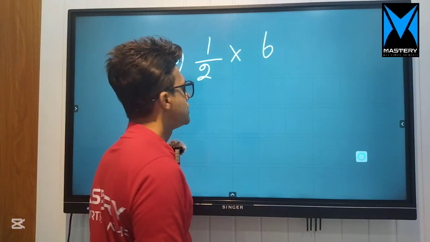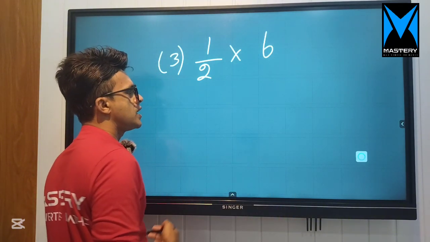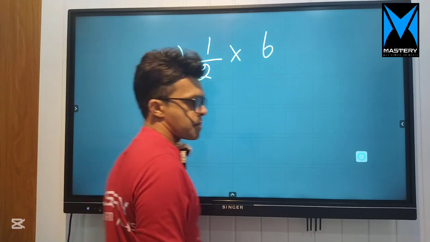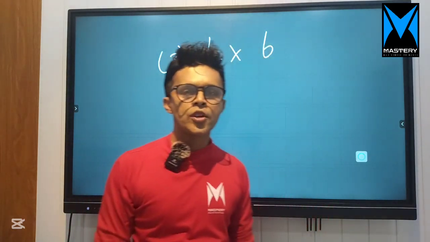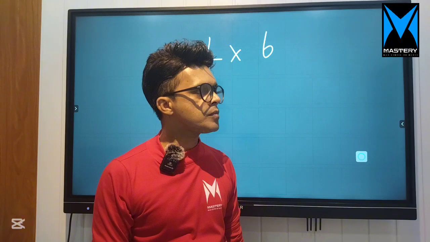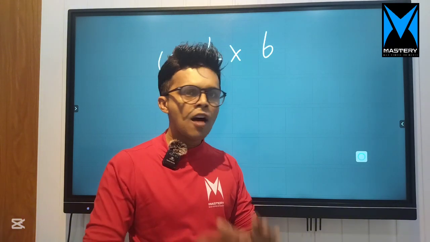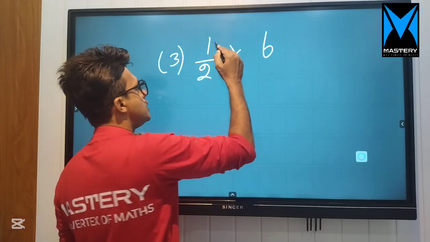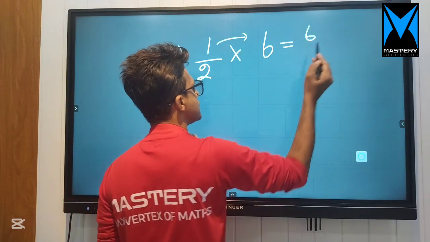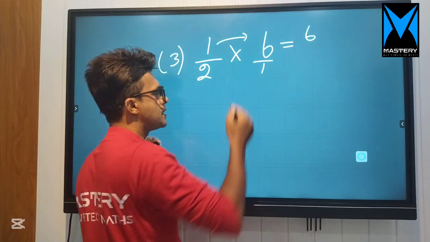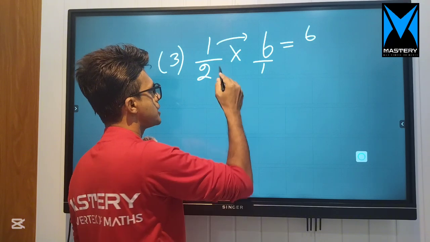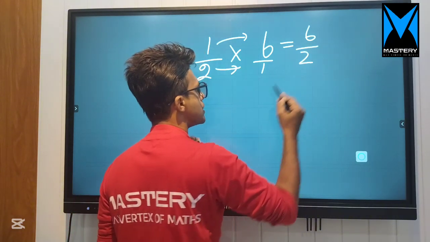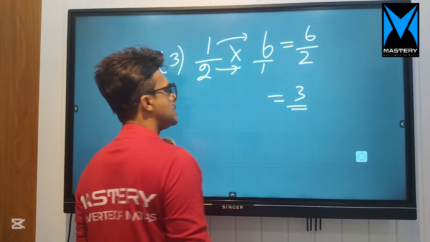Half into 6 means you need to multiply here. Half times 6. Here 1 into 6 is 6. Then in the denominator it has 1, then 2 times 1 is 2. Then 6 upon 2 is 3.